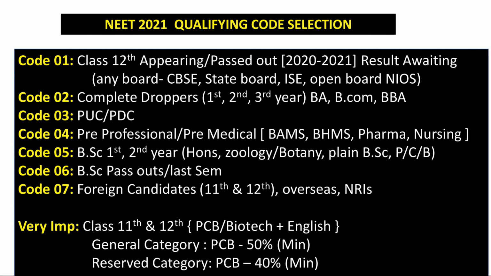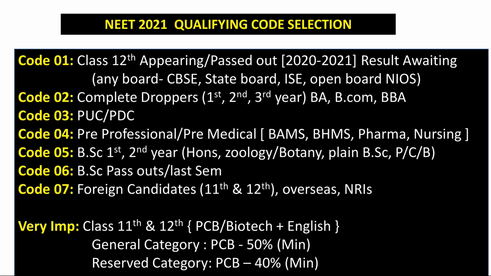Okay. Another important thing is the percentage requirement for your NEET application. If you fall in the general category, your minimal PCB requirement is 50%. Combined physics, chemistry, and biology should be a minimum of 50% and above.